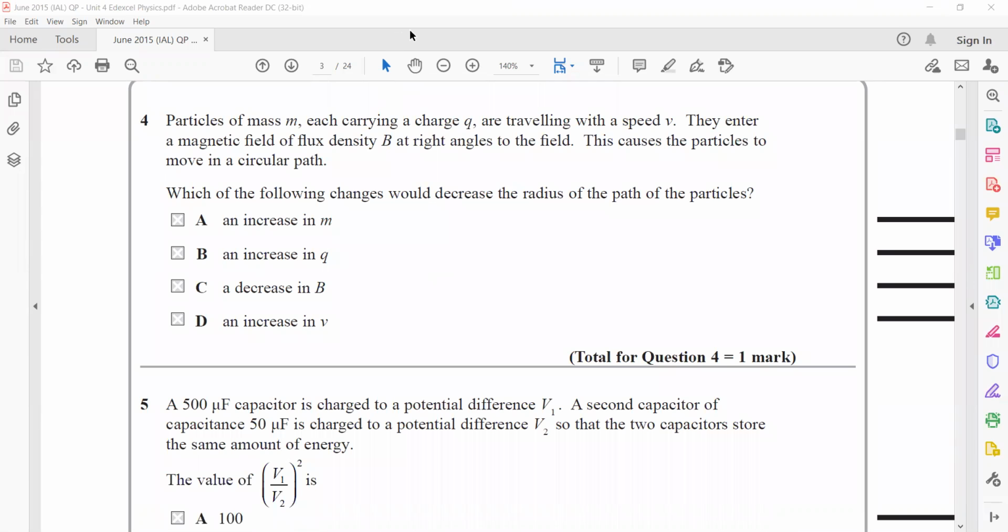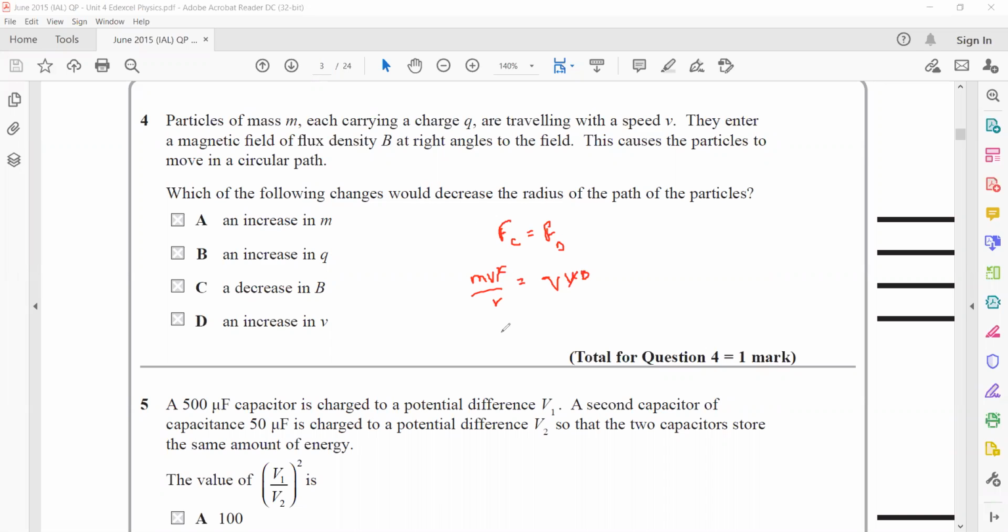A particle of mass m carrying a charge q is traveling with speed v. It enters a magnetic field of flux density B at a right angle. This causes the particle to move in a circular path. So here the centripetal force is equal to the magnetic force. Centripetal force is given by mv squared over r, and magnetic force is qvB.